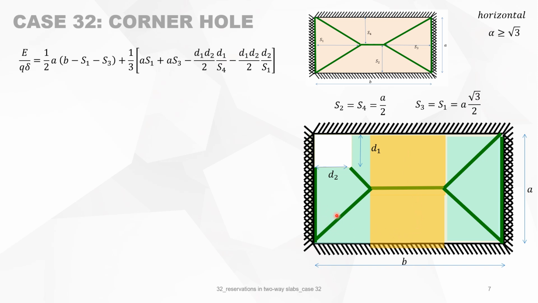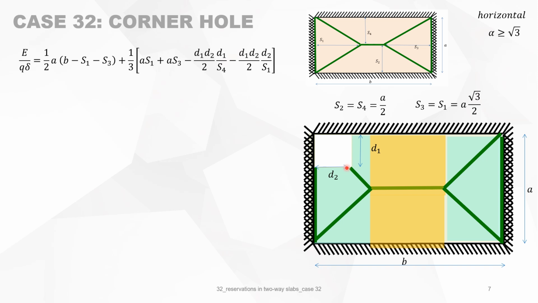For the triangles, we got A times S3 plus A times S1, but we have to subtract the reservation. Now we must be very careful because this reservation belongs to two rotation axes, this one and this one. So let's take the first rotation axis. Then it's this triangle, which is D1 times D2 divided by 2.